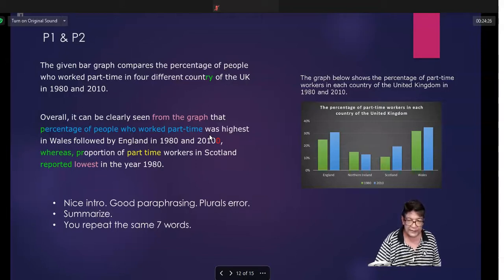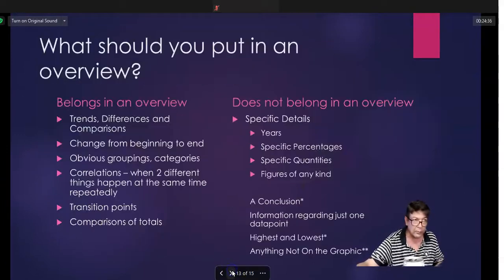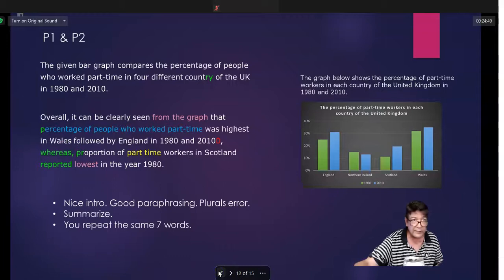Okay, so I think we've already talked about how the most important information is found elsewhere. All right. Okay, did you do this? Trends, differences, and comparisons. No. Beginning to end. No. I mean, what would be an interesting question is, does the number of part-time workers increase overall in all of the countries?